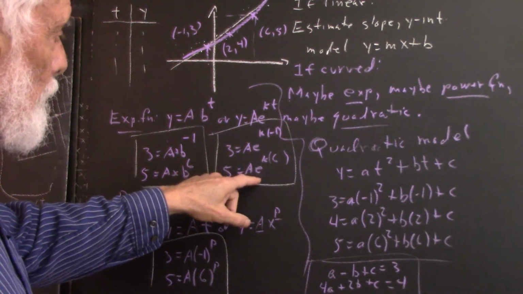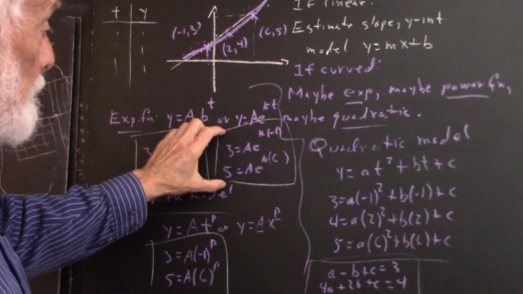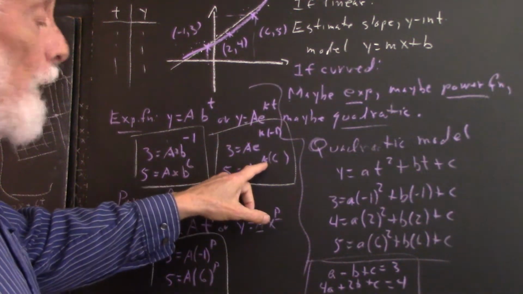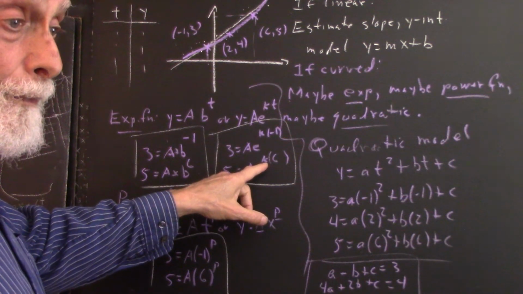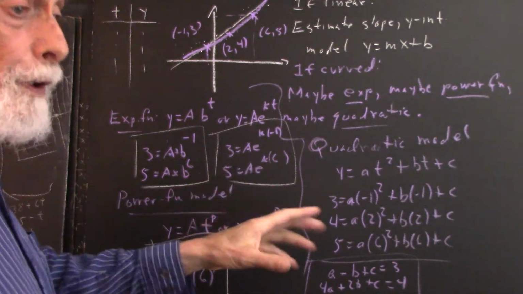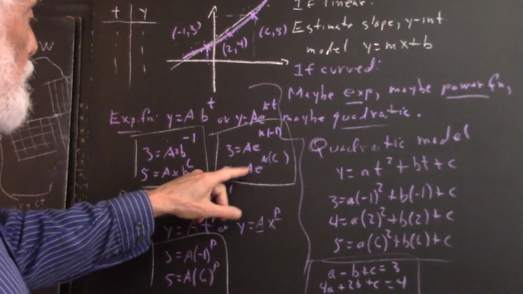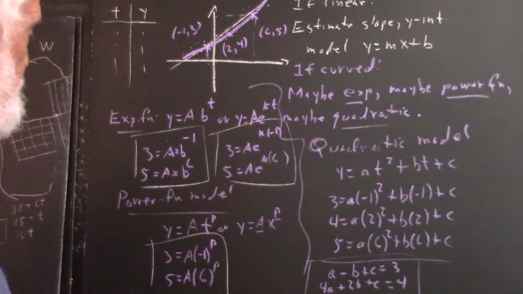You get this system of 2 equations. Again, you can solve it. In this case, the k that you're going to solve for is in the exponent, so you're going to have to use a logarithm, but you know how to do that.